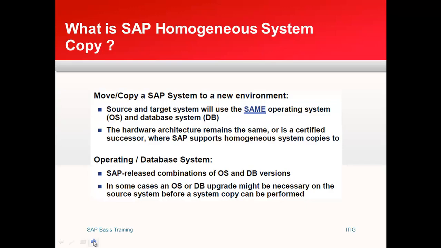For example, if you have a very old SAP system, say 3.1 or 3.4.0, you may need to upgrade the operating system itself before you can export the database out of that particular system. Next, the new hardware on the target system might be supported by the latest operating system and database version only.